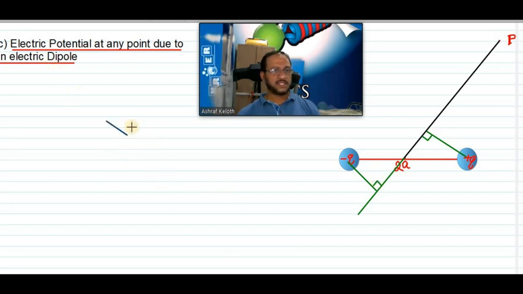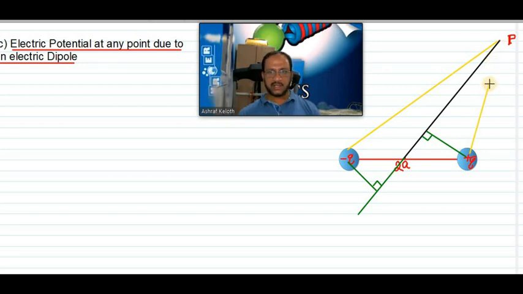And the distance of the point P from minus q is this much, and here this much only.